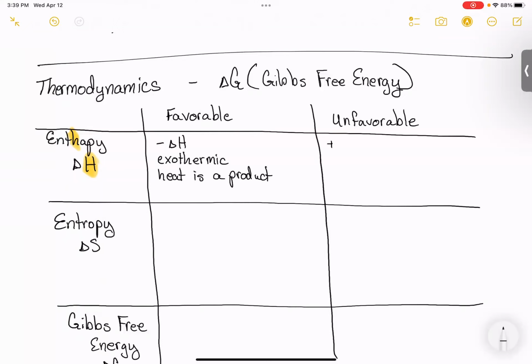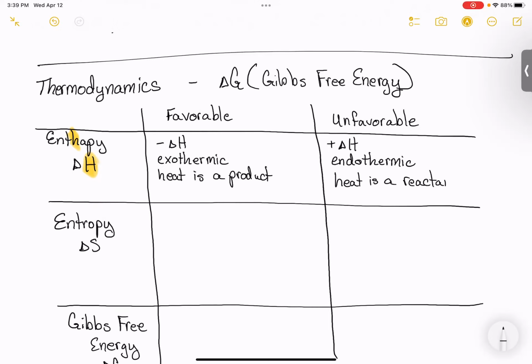The reverse can be said for an unfavorable process, where we are looking at a positive delta H. That is going to be an endothermic reaction, and it means that heat is a reactant.